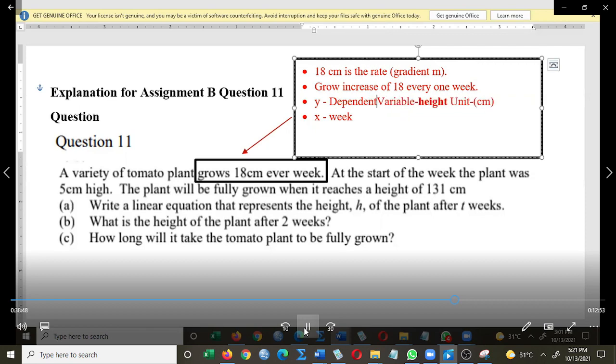And what is the independent variable? The time, the week.